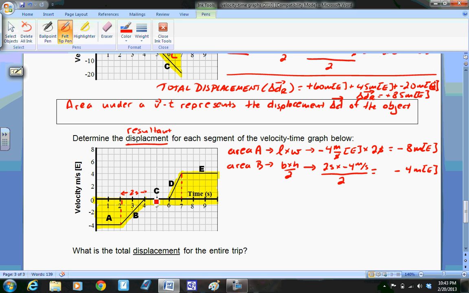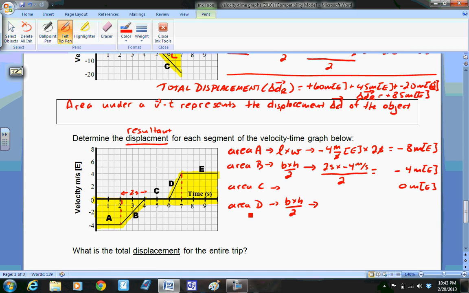Okay, now during C, I don't have to do very much. C has no height, so we're going to have a 0 displacement. So it's 0 meters for my displacement here. Now D, it's a triangle, so area D is going to be base times height over 2.